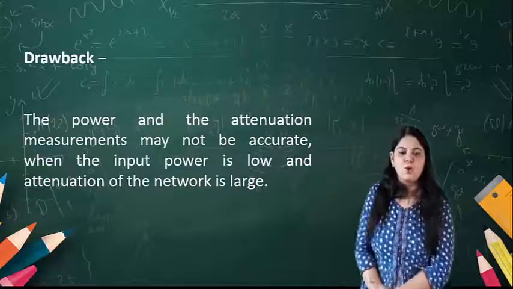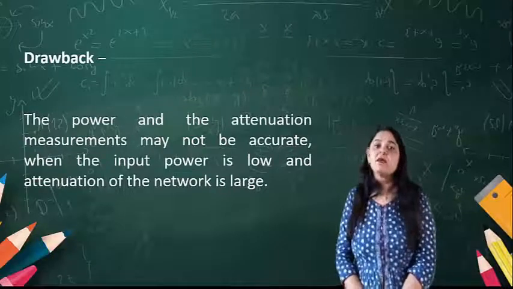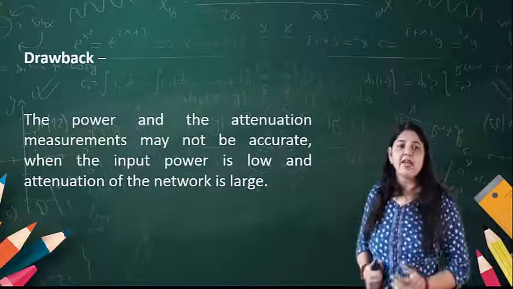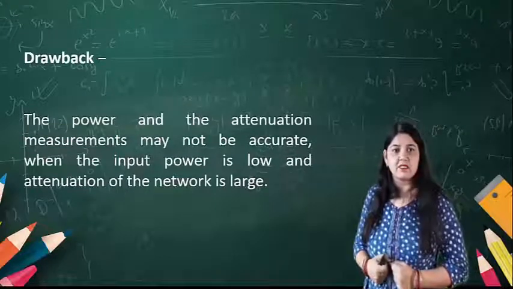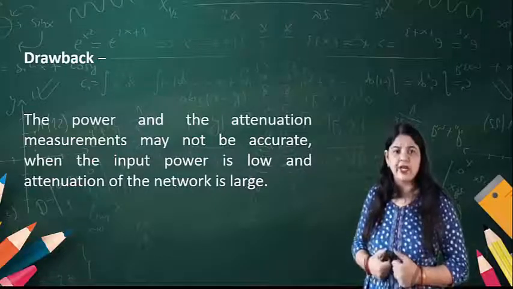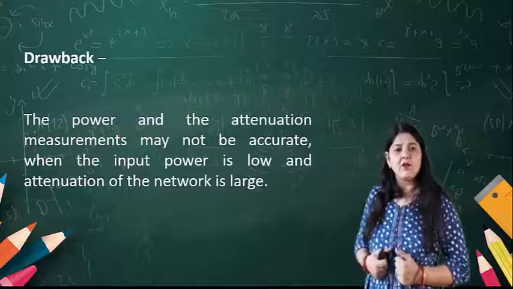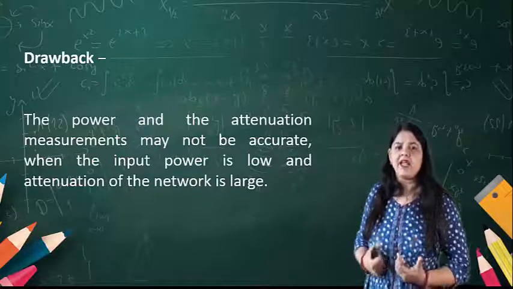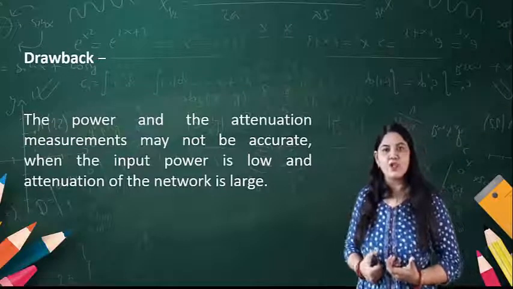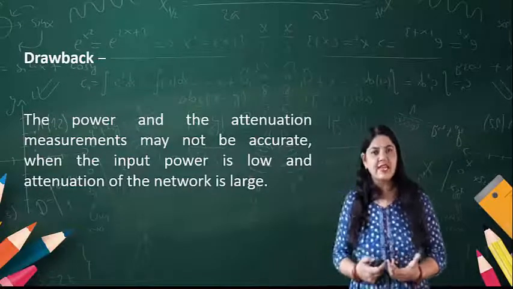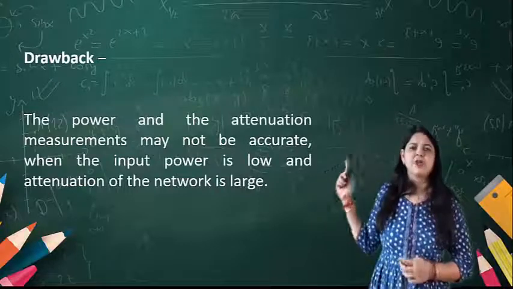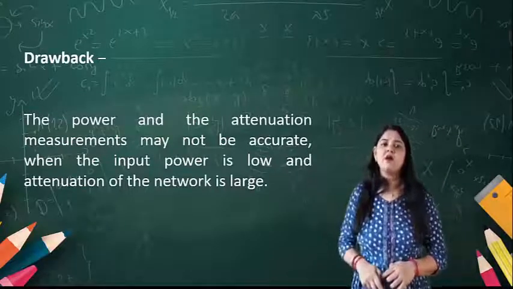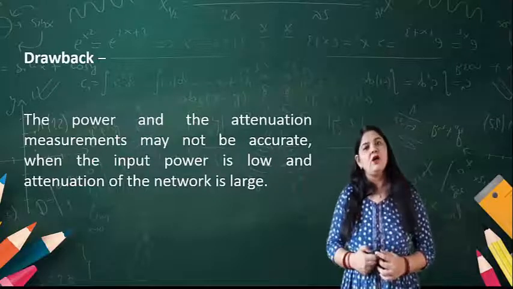What is the drawback of using this method? The power and attenuation measurements may not be accurate when the input power is low and the attenuation of the network is large. So we can say that this is the drawback of the power ratio method.